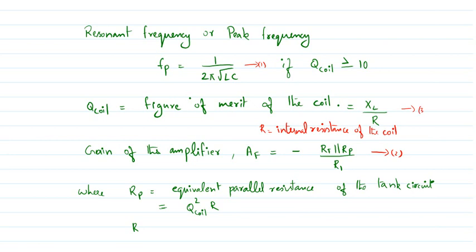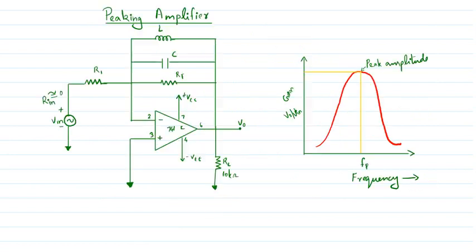Now we will label the earlier equation as 2 and this one as 3. So Rp equal to Q coil square into R. And here R1 is the resistance given here, through which we give the input signal.